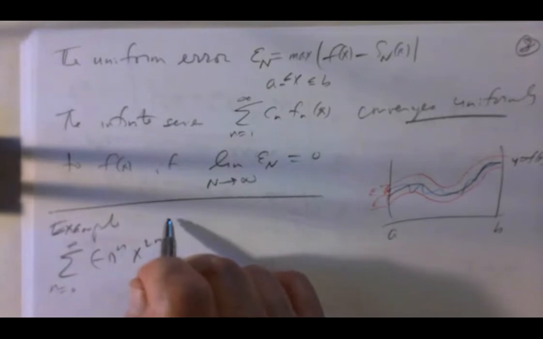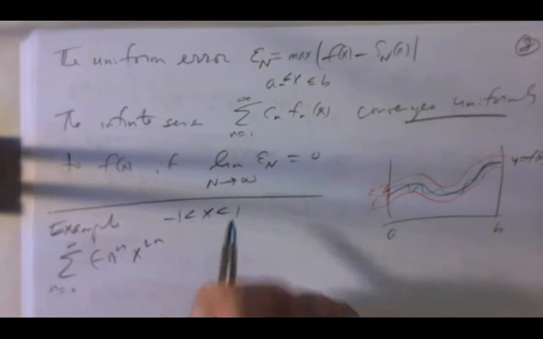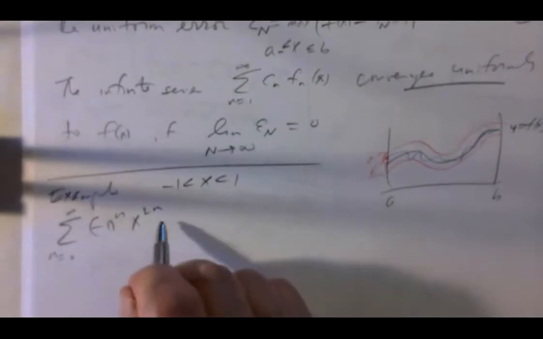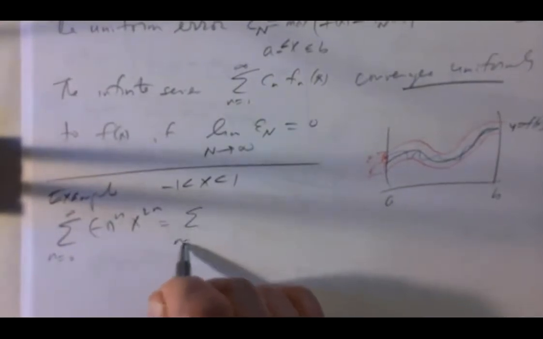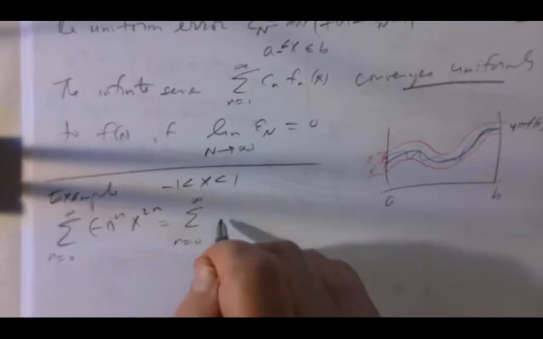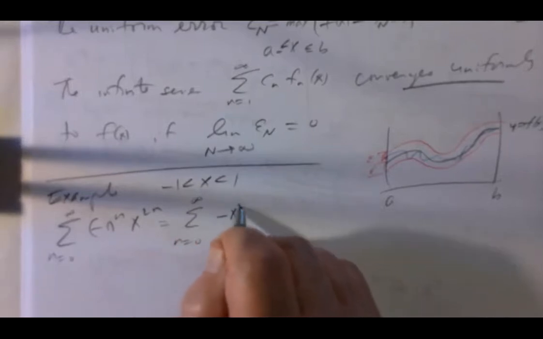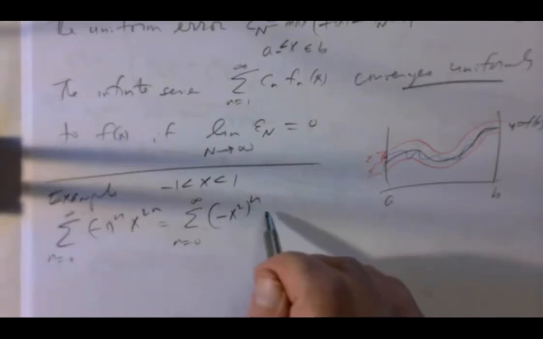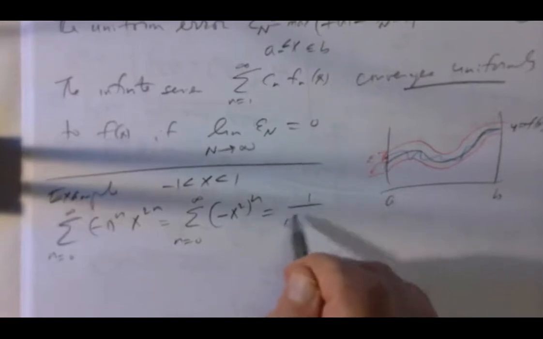This is for x between 0 and 1. Now this series converges. I can write this as summation n goes from 0 to infinity of minus x squared to the n. And you learn in pre-calculus that this geometric progression converges to 1 over 1 plus x squared.